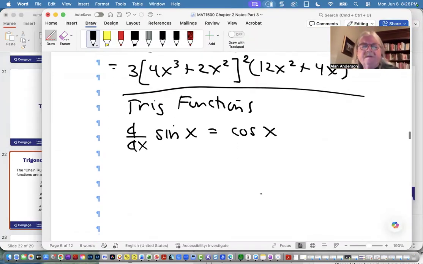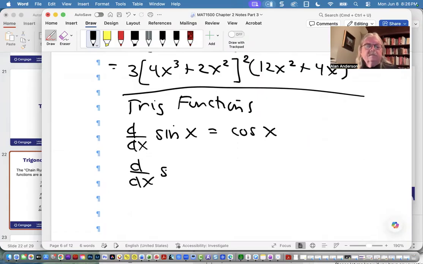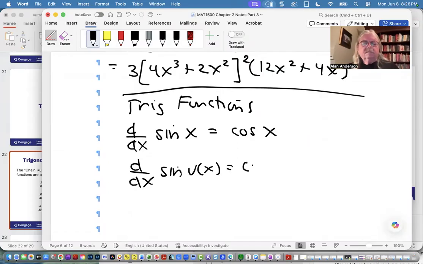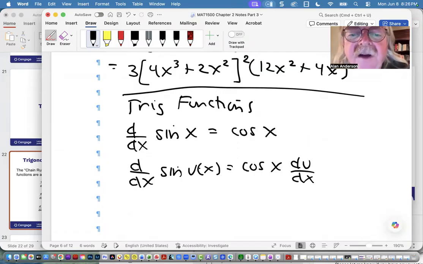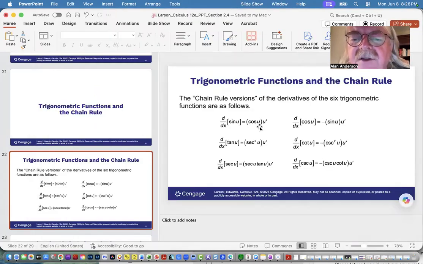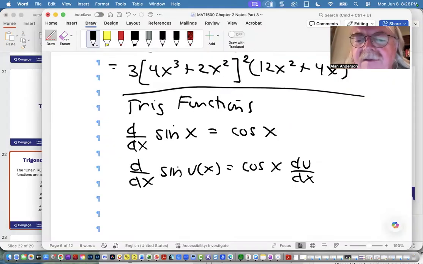But if it's a sine of a function of x, that's a completely different matter. Instead, now we need to not only have the cosine of x, but du dx. Although they've written it as u prime, it's the same thing. I prefer it this way because it's more obvious.